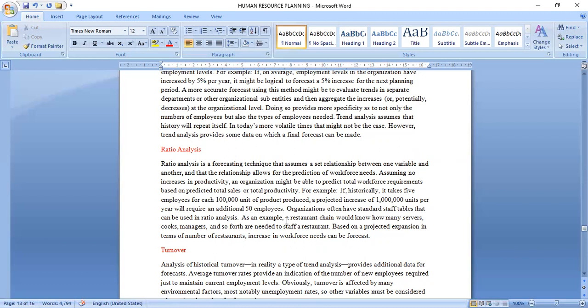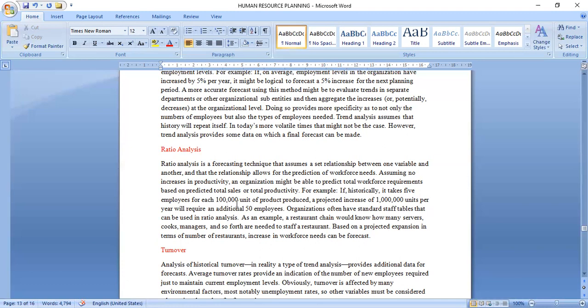If it so happens that for a particular organization, it takes 5 employees to produce 100,000 units of a particular product, then that is a ratio.